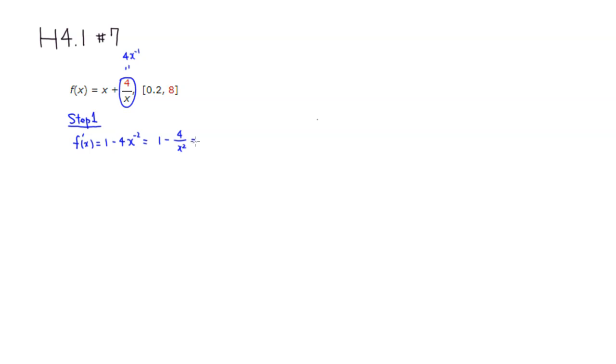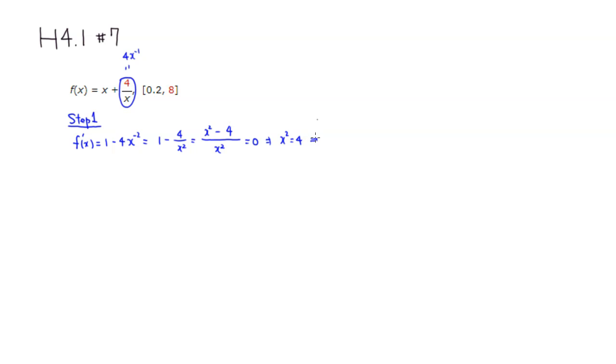Or we can just find the common denominator. So 1 is equivalent to x squared over x squared minus 4 over x squared, right? If you set this equal to 0, then x squared has to be equal to 4 to get the numerator 0.